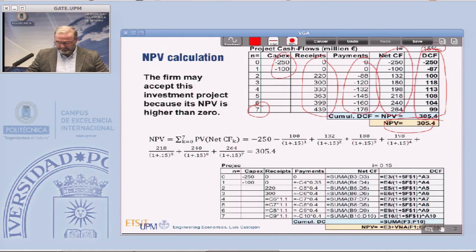I have used in every year this formula, the present value of every net cash flow. So, for example, the net cash flow of year 3 is 180 million euros.